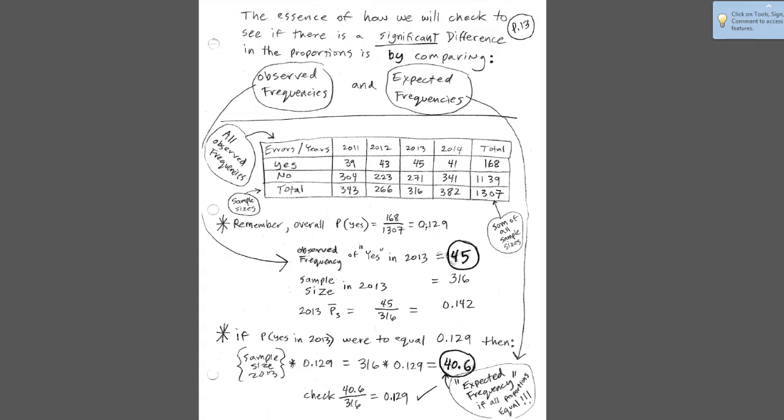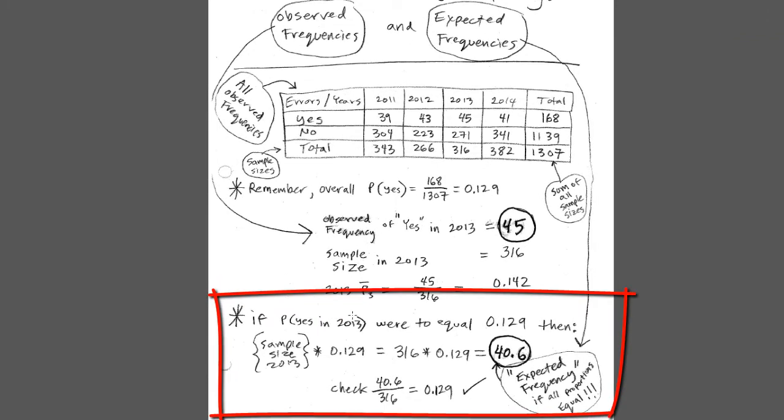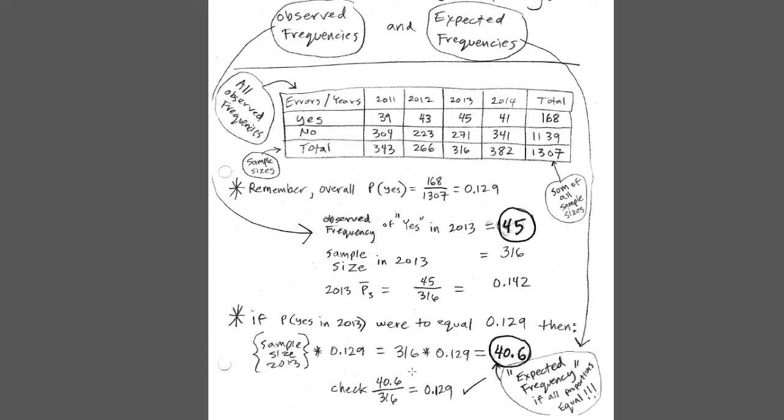There's our 12.9. Then we're going to multiply it. Here's 2013, and that's the sample size. If we take 12.9% and multiply it by that, it'll give us exactly the number that should go right here that would be expected to give us this 12.9. So down here, if the yeses in 2013 were equal to 12.9%, then, hey, 316 times this 0.129 would be exactly equal to 40.6.